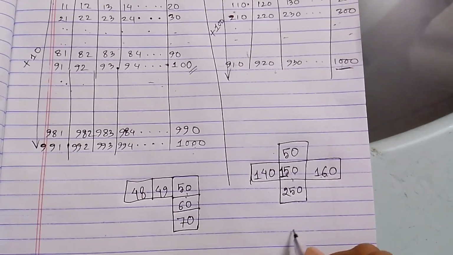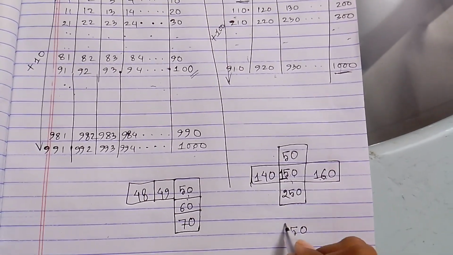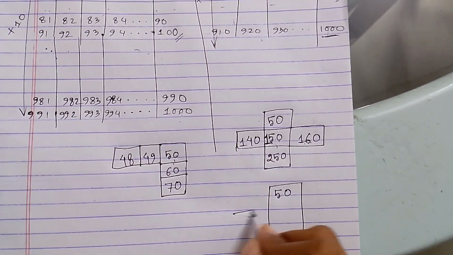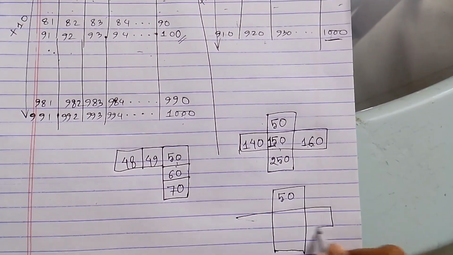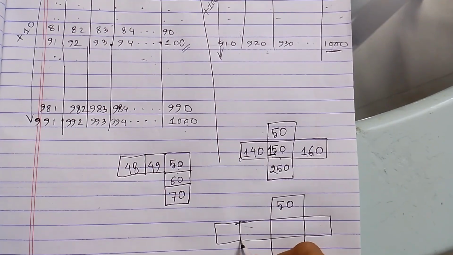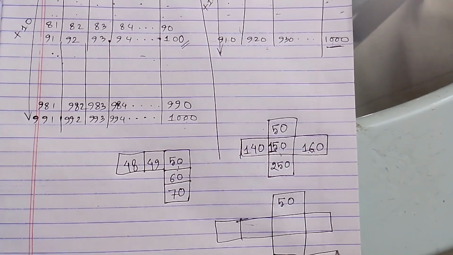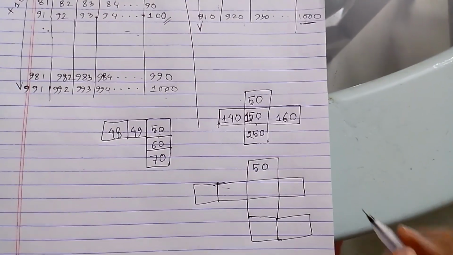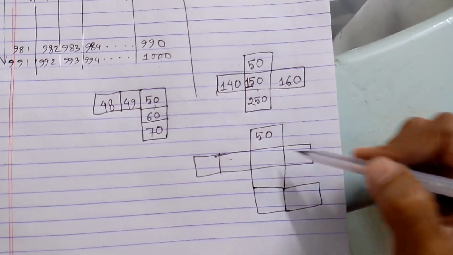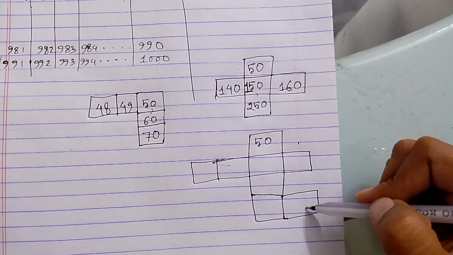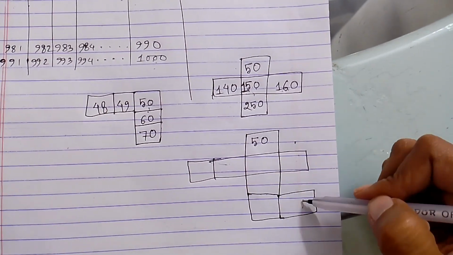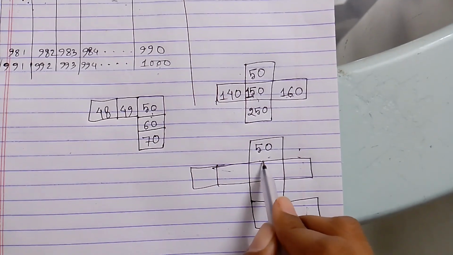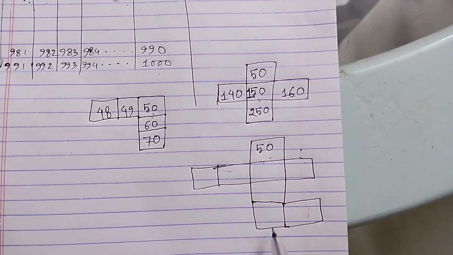And when it is in this manner, how are we going to solve this? We can see that there are cells on the right of this number. That means this number is not in the farthest right column.